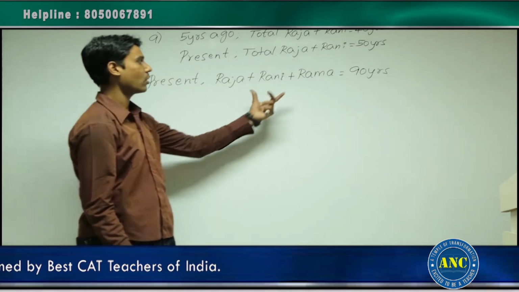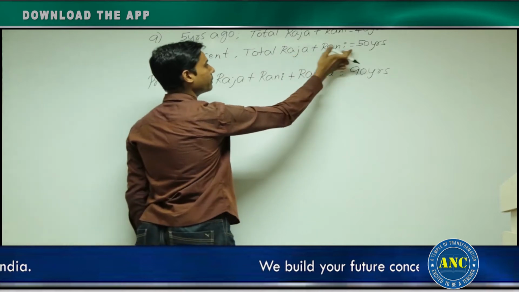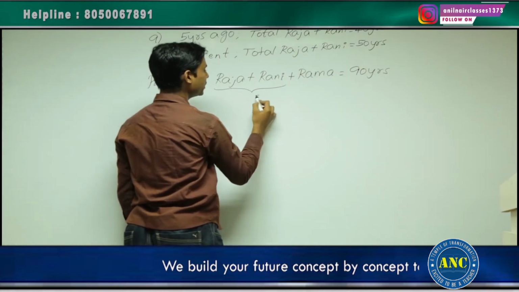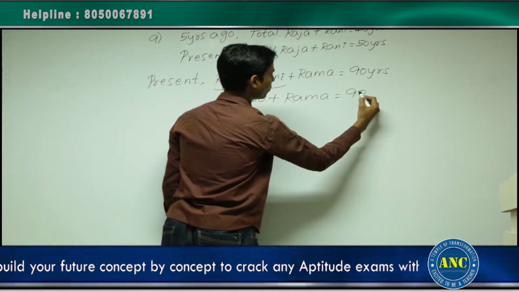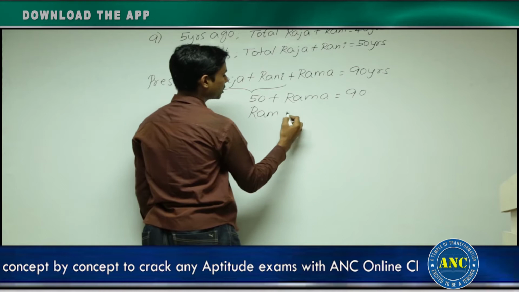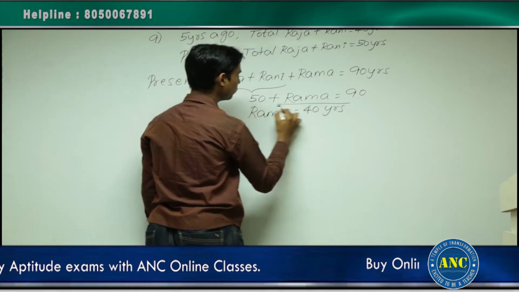Presently, the total sum of three people is 90 years. But presently, the total of these two people is 50 years. That means 50 plus Rama is equal to 90. That means Rama's present age is 90 minus 50, which is 40 years.